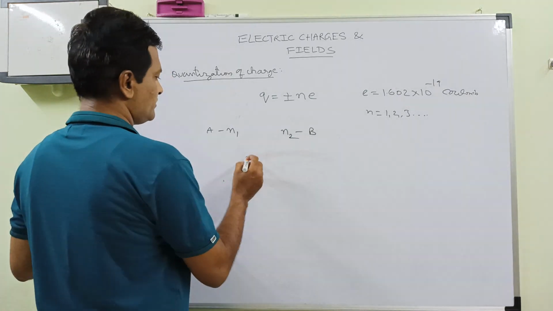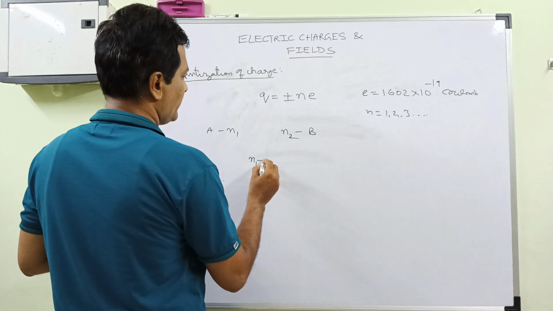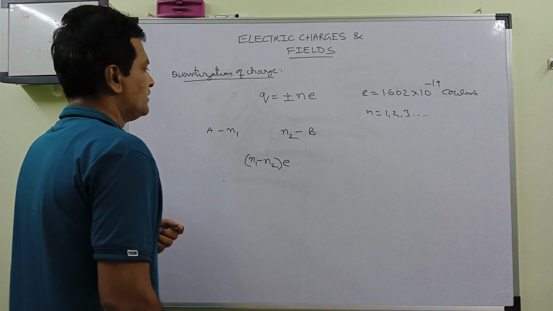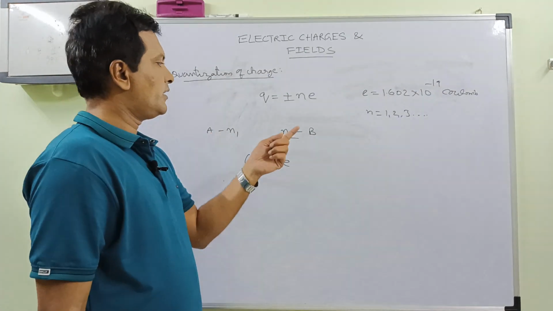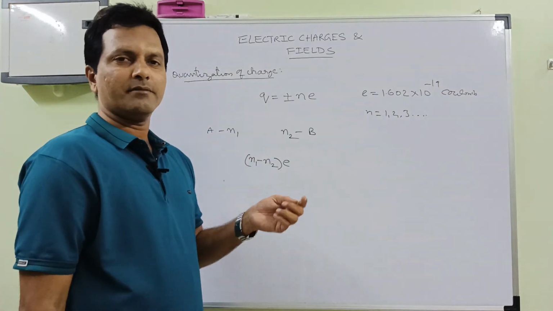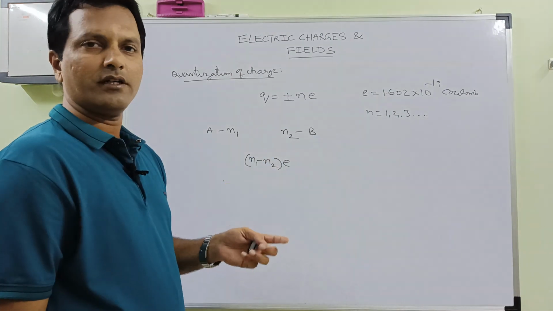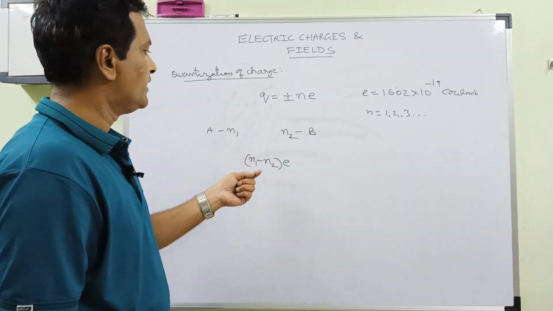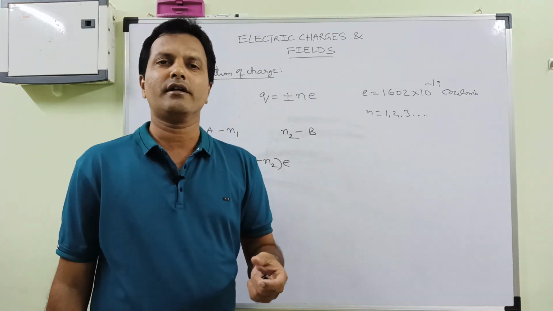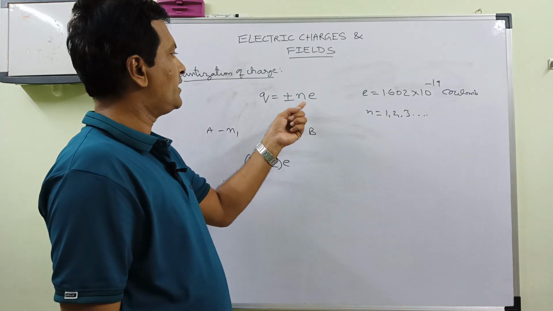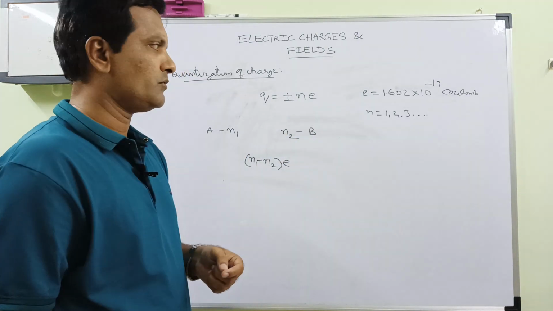The difference of charge we can write as N1 minus N2 into e. Electron and proton both have the same magnitude of charge, but the difference comes from the number of protons and the number of electrons. In this way, the charge is quantized. Whenever we say some charge is present, it should be in multiples of electronic charge only.